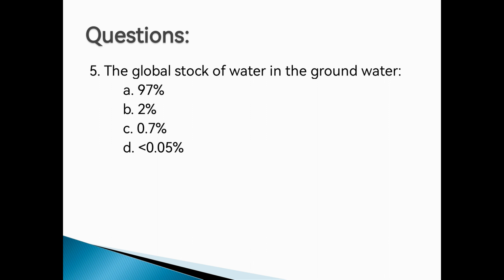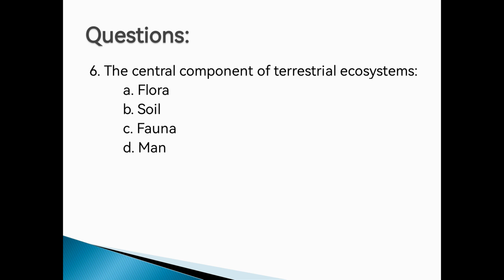The correct answer is C. 0.7%. Question number 6. The central component of terrestrial ecosystems, A. Flora, B. Soil, C. Fauna, and D. Man. The correct answer is B.